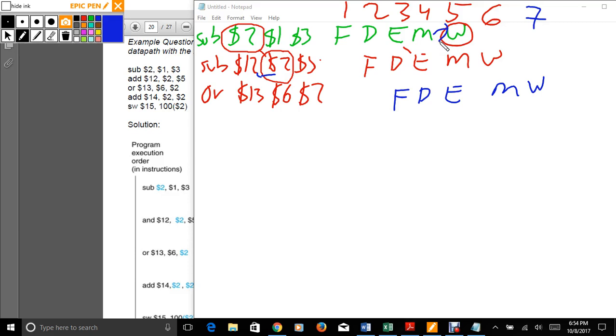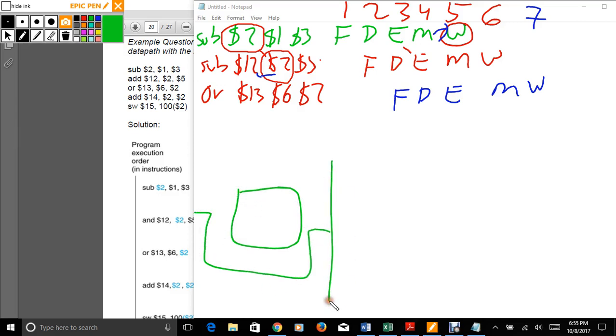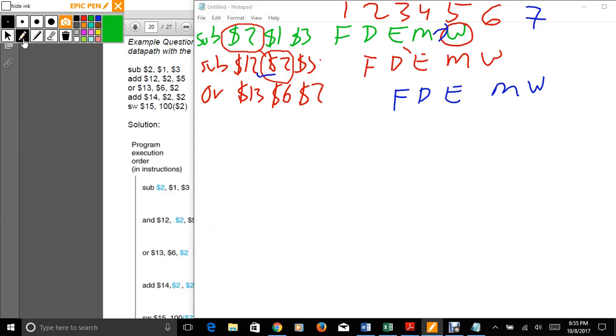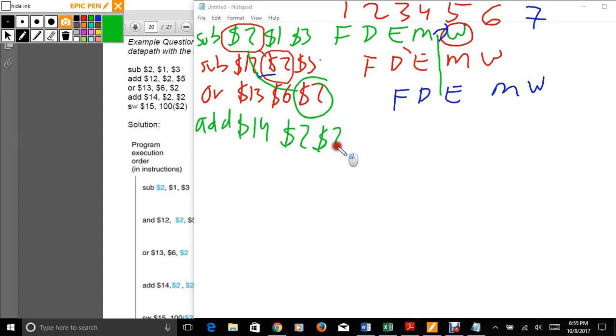So what I'm going to do is forward from the, if you recall, data memory, and the ALU result circumvents it and is put on the buffer. So I'm going to put that result here on the second input of the arithmetic logic unit. So this is another hazard. And then we're going to have this add instruction again, 14, 2, and 2.